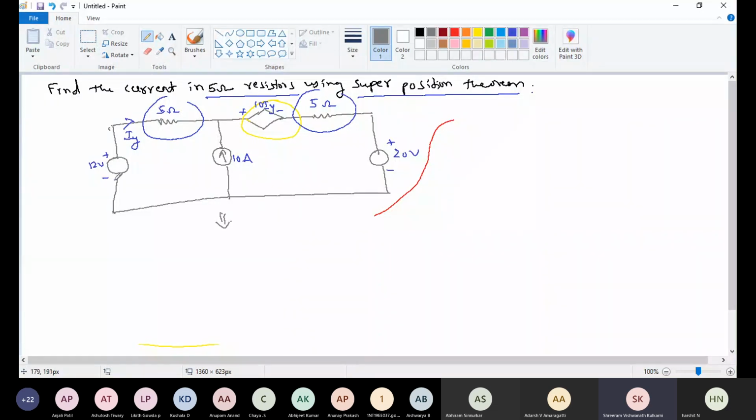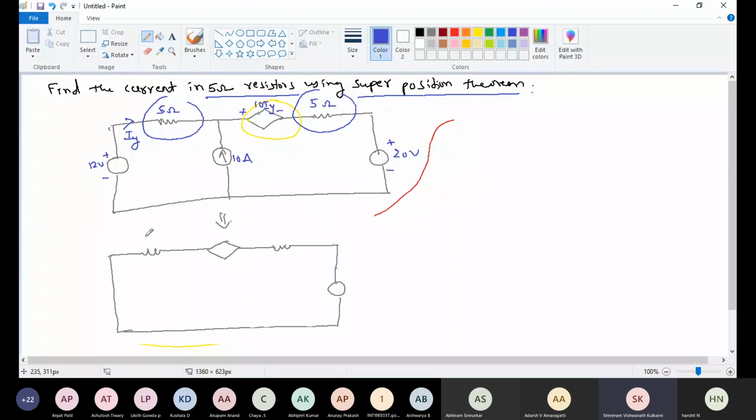I need to short this 12 volt voltage source. I need to open this 10 ampere. Here 5 dependent source I'm going to keep, that is this.